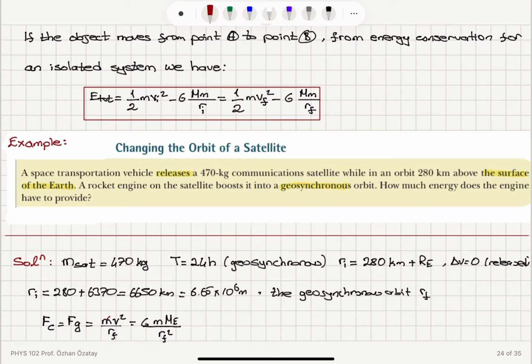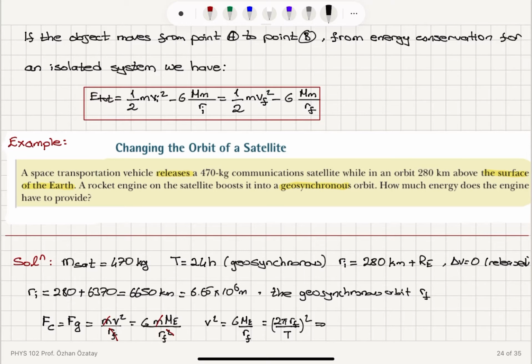This mass m will disappear with this mass m, and also one of the radial distance terms will disappear, and I will find that v squared is equal to G capital M E divided by r final. And this is equal to, because I'm in this orbit with a period of 24 hours, 2 pi r final divided by the period, parentheses squared.